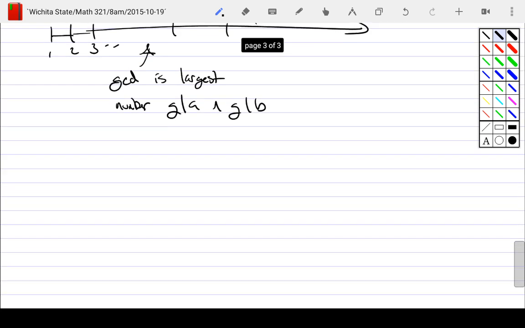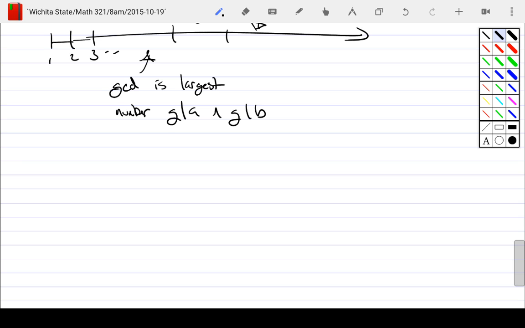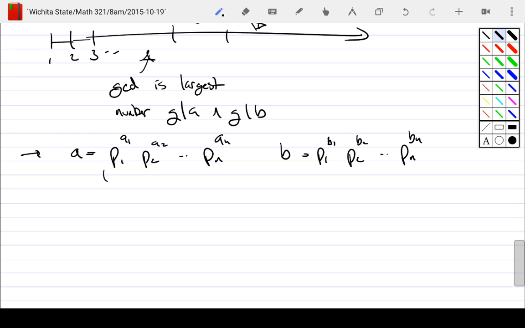The way you find these is through the prime factorizations. So you would say, if A is equal to prime 1 to a power, prime 2 to a power, up to prime n to a power, and B is equal to prime 1 to a power, prime 2 to a power, up to prime n to a power, we're going to use the same primes.